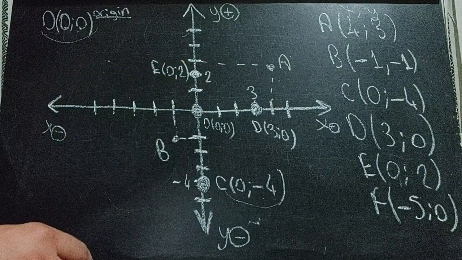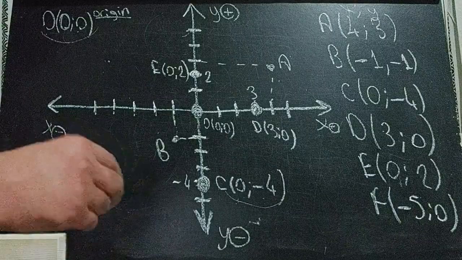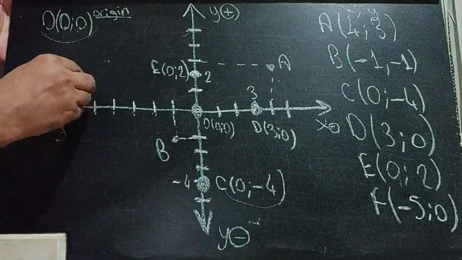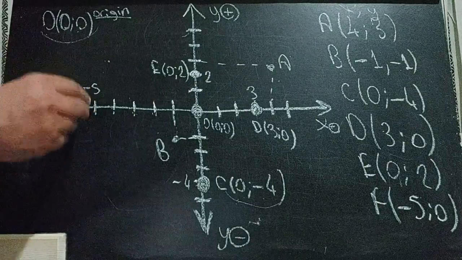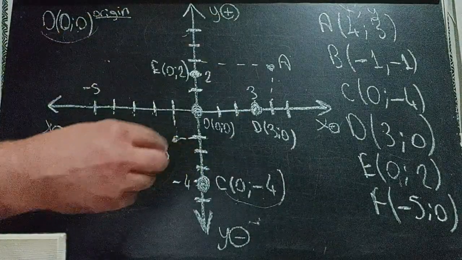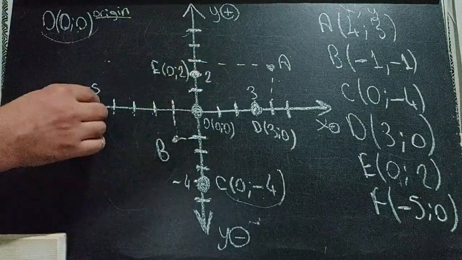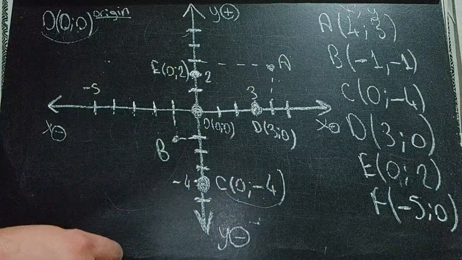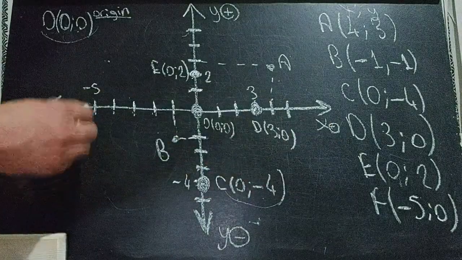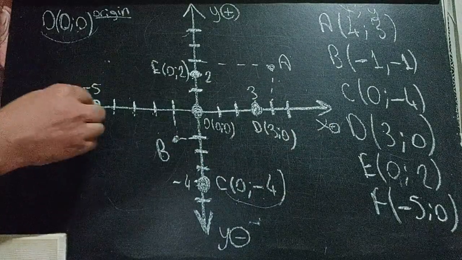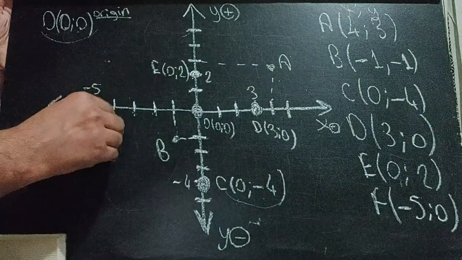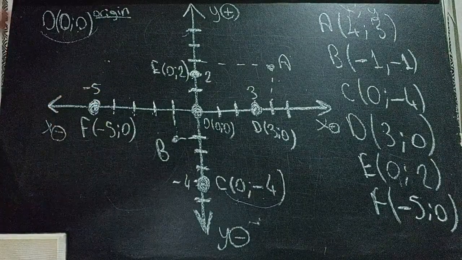And my last one, -5 from x, 1, 2, 3, 4, 5, -5. I want to write the number for them. I didn't write for the other ones because it's looking so crowded. That's why I just put this one. These are important to show you. So now y is 0. That means on this point again. That will be F, -5, 0.